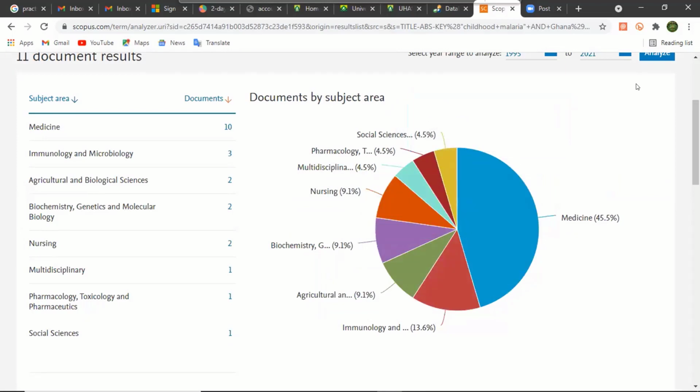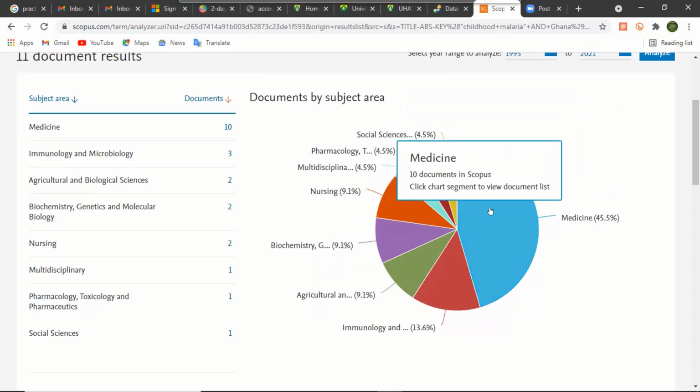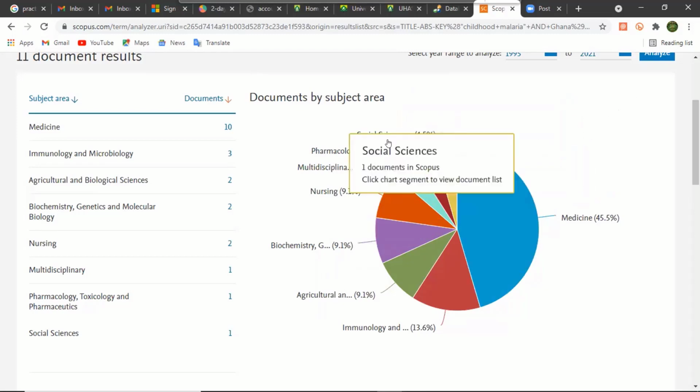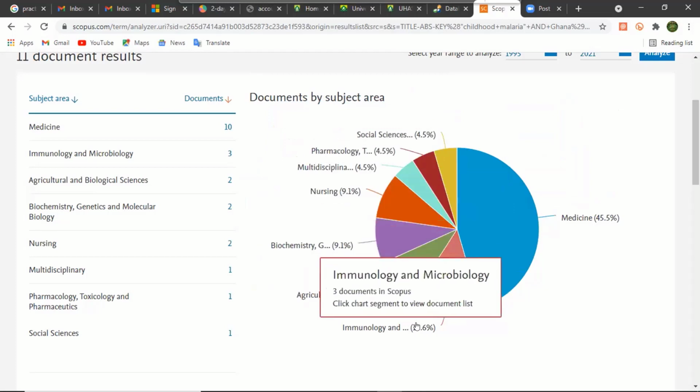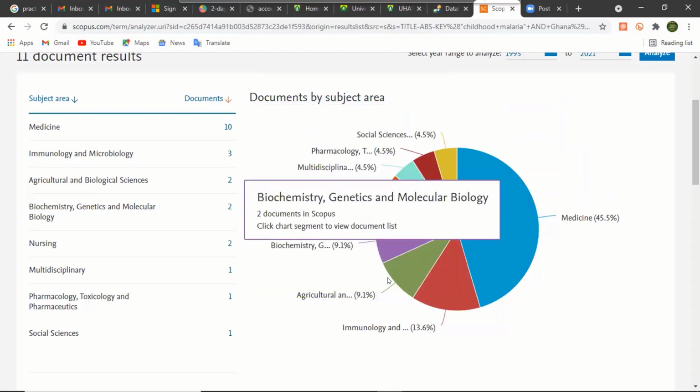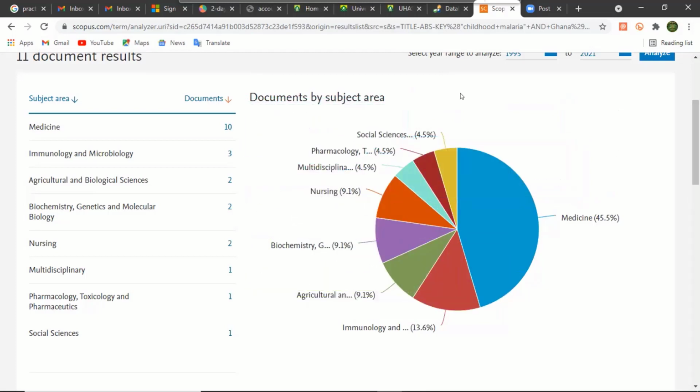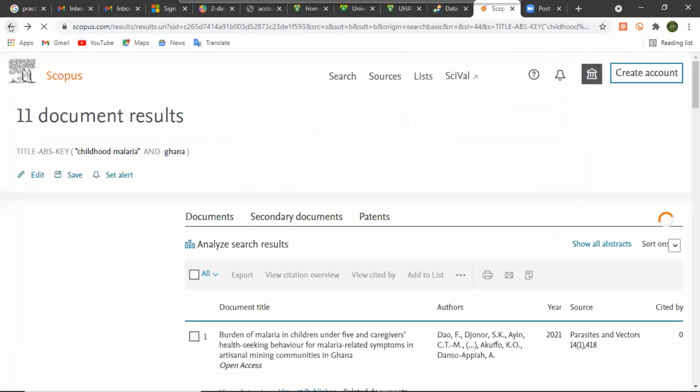The topic can be similar or the same, but the subject background or the perspective that is brought onto the topic is important. So the same childhood malaria in Ghana, and yet all these different subject areas have had something to say about that topic area. All right, so that simply is about the document search or analytics on Scopus.